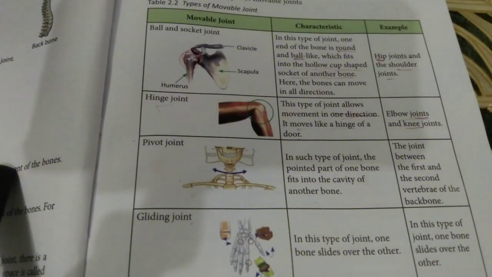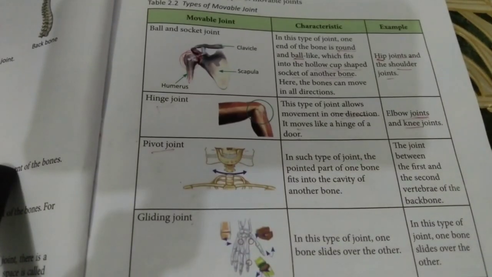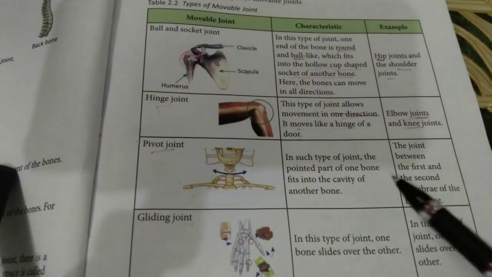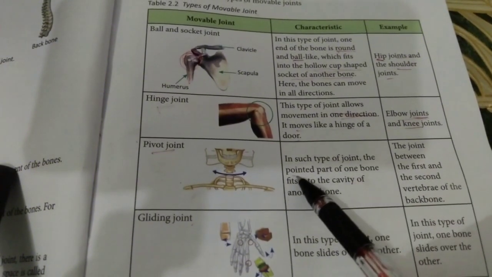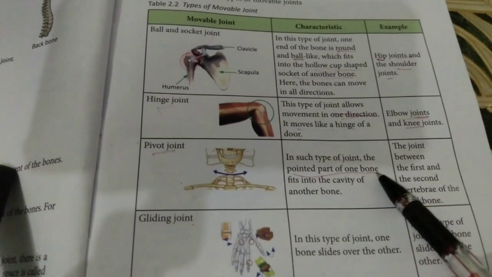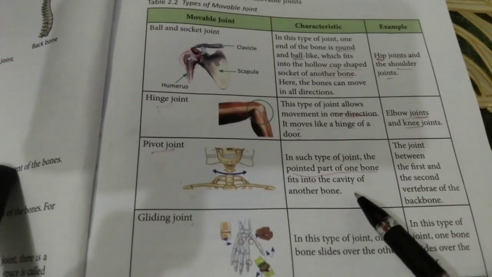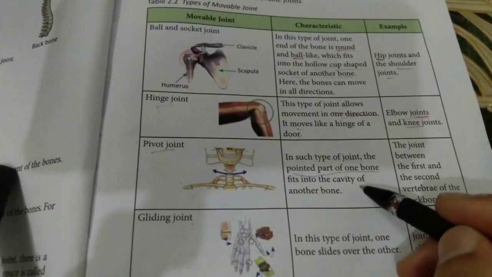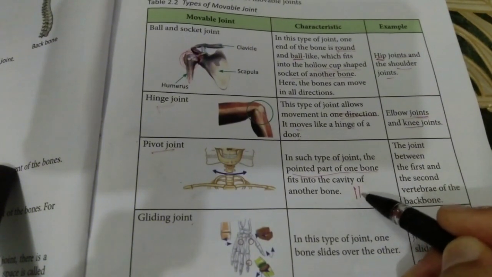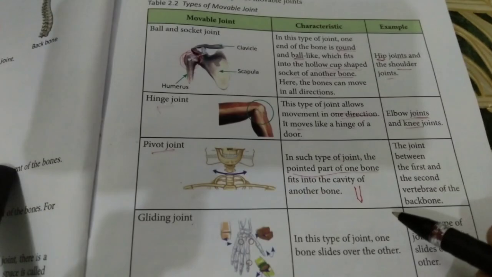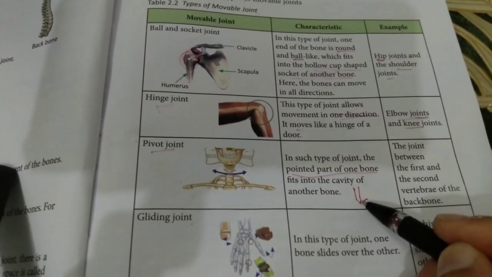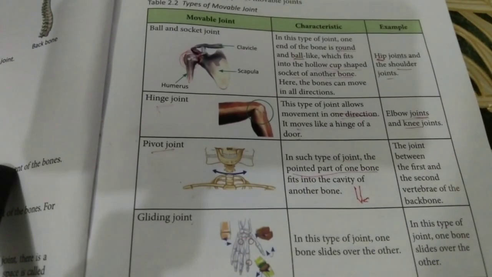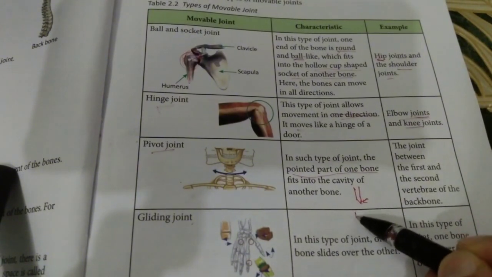Now the next joint is the pivot joint. The characteristic of this type of joint is that the pointed part of one bone fits into the cavity of another bone. The pointed end of one bone fits into the cavity of the next bone.